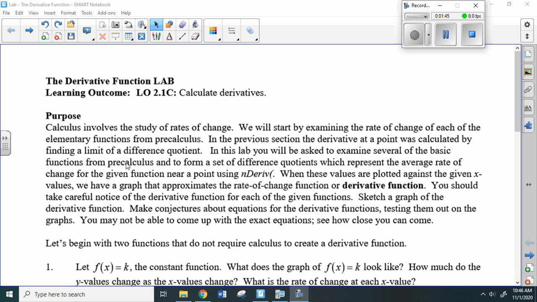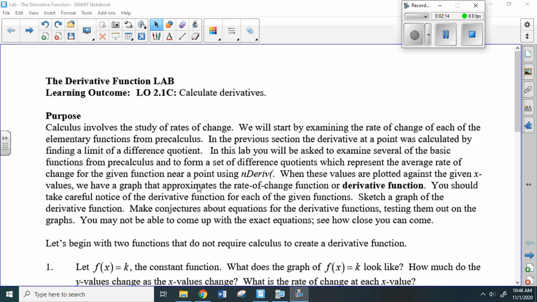You won't even be seeing the calculator find them. When you use Math 8 or NDeriv on your calculator, those values are plotted against the given x values, and you get a graph that approximates the rate of change function, which we call the derivative function.